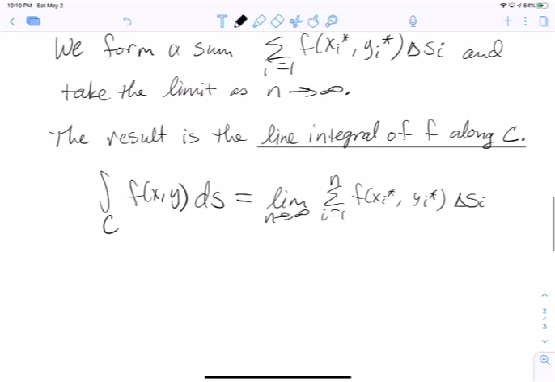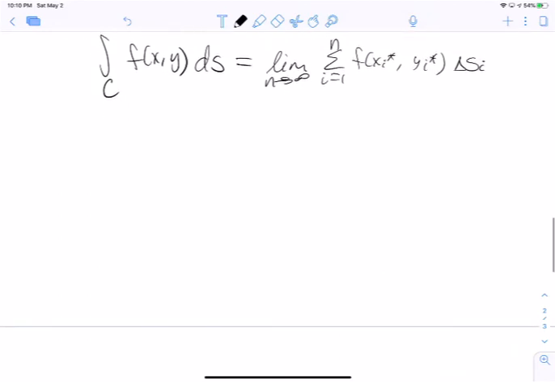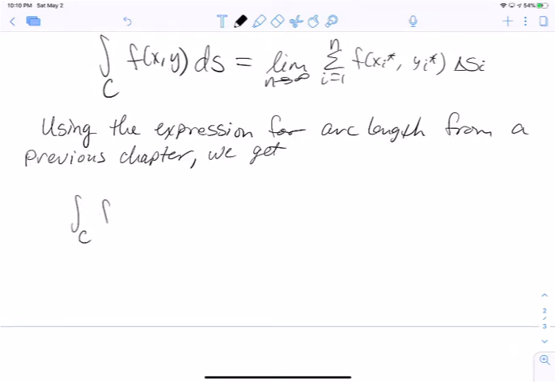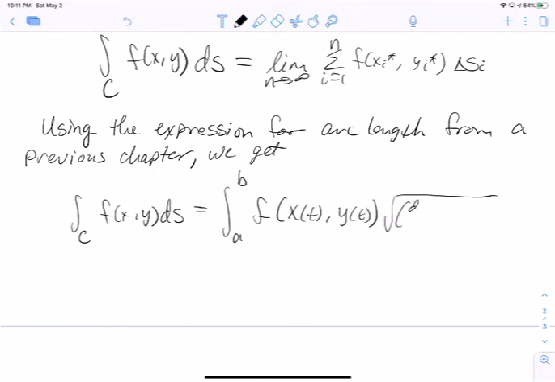And using the expression for arc length from a previous chapter, we get that the integral over C of f of x y ds is equal to the integral from a to b of f of x of t, y of t, times the square root of dx/dt squared plus dy/dt squared dt. That ds that we saw before is that same arc length formula that we saw in a previous chapter.